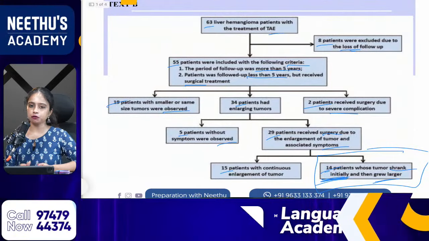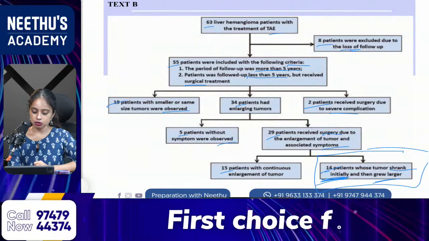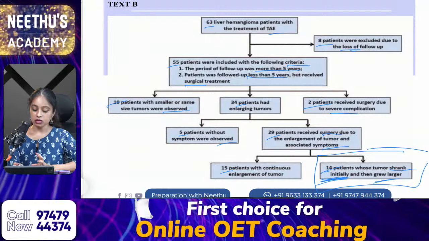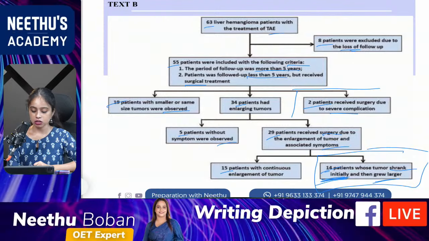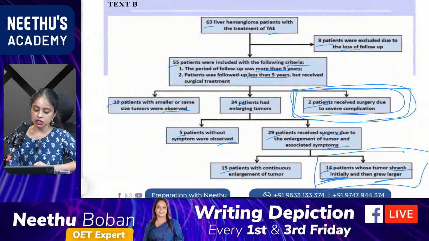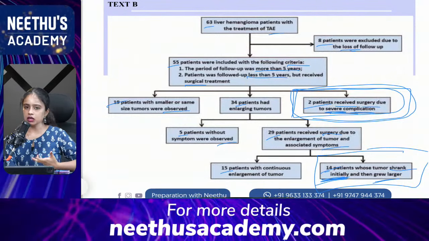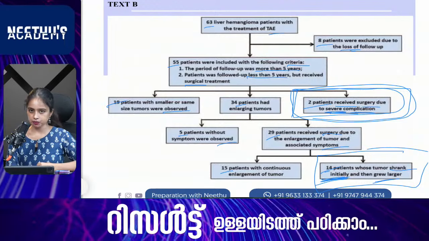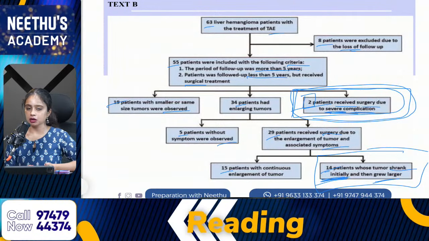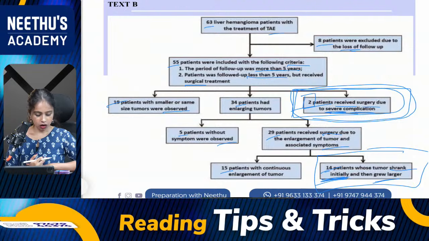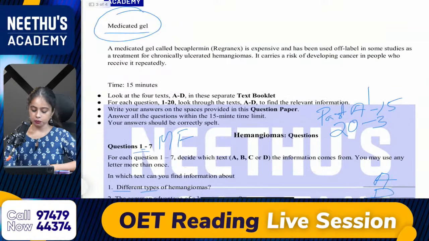They have mentioned a lot of patients who have undergone surgery. In the 6th box, they have mentioned 2 patients received surgery due to severe complication. The keywords are severe complication, surgery, and number. So we can write 2. Okay, Princey, Jansi, the answer is 2. Very good.